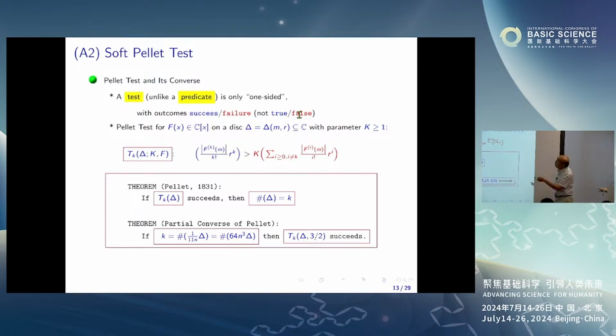But see, what I call in logic we have a predicate. If the predicate holds, then it is true; if it fails, it is false.